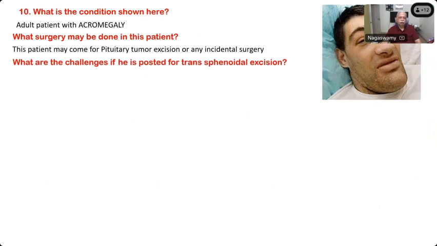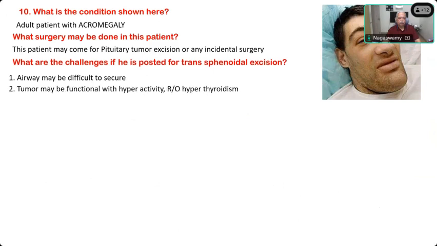Airway soiling can happen because it's transsphenoidal, meaning it's going through the nose. So airway may be difficult to secure. Tumor may be functional with hyperactivity, especially you have to rule out hyperthyroidism. Tumor may be non-functional and be a macroadenoma, which may cause a raise in ICP.